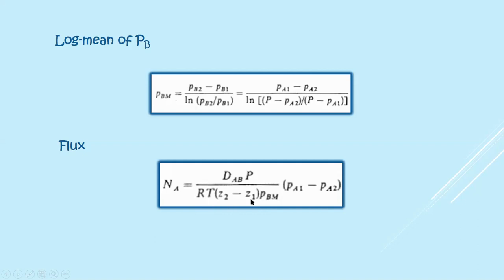This is the distance, or the diffusing path, or the length, in which a molecule of the diffusing gas is to traverse going to the non-diffusing gas. So that's your Z sub 2 minus Z sub 1. And these are your partial pressures of A at point 1 and point 2 respectively. So you need the log mean PB in here. If you have that and you substitute it here, then you will already have the flux.